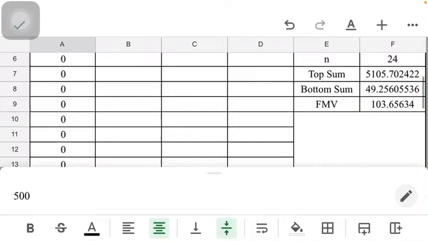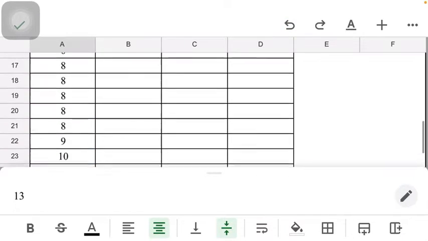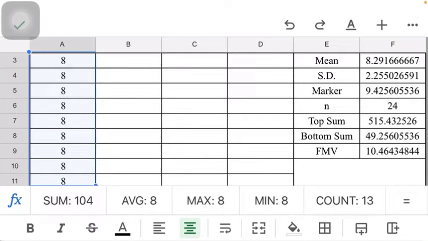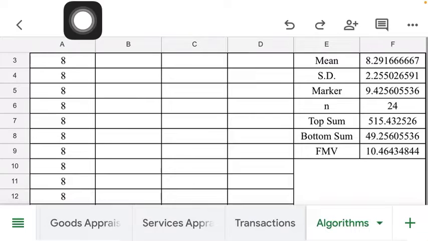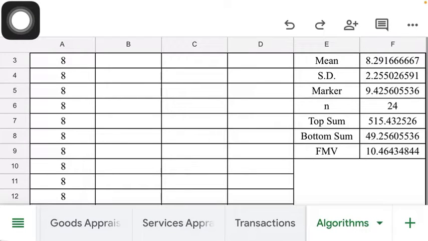The fair market value is now 103. So the point that I'm trying to get at is that this equation system tells you specifically and in more detail what something is worth based on a time reference, based on the relevant trade transactions and so forth.